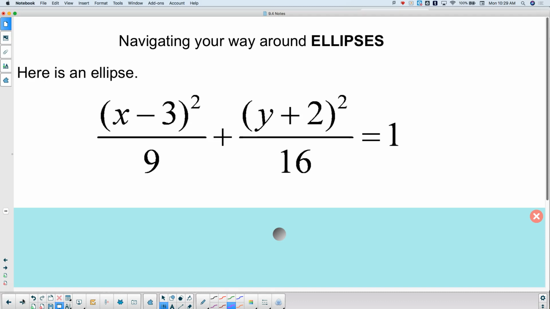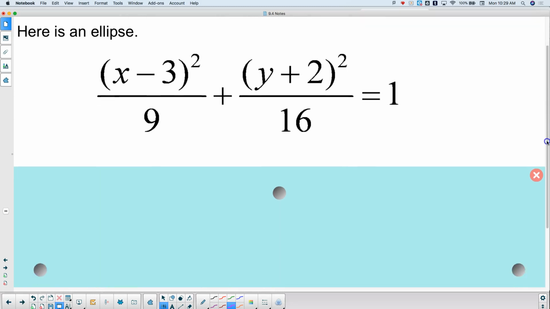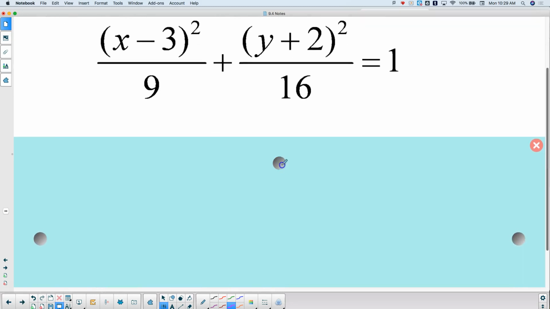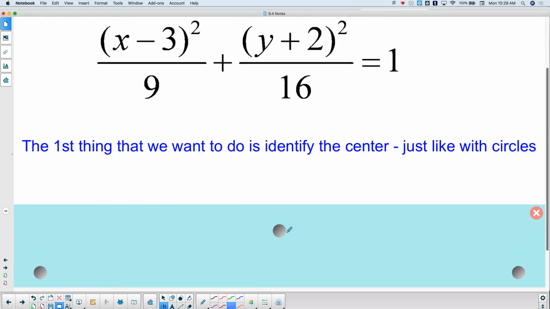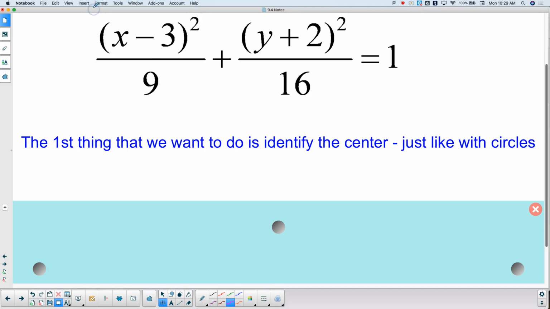Okay? So the very first thing that we should do, step number 1, if you will, is we should identify the center of our ellipse. And we're going to do that just like we did with circles.